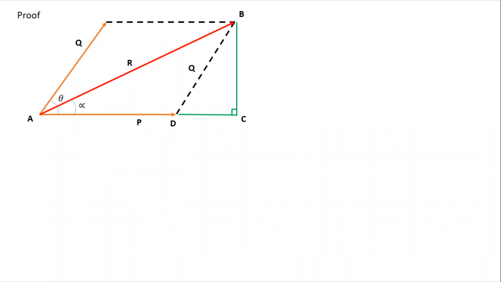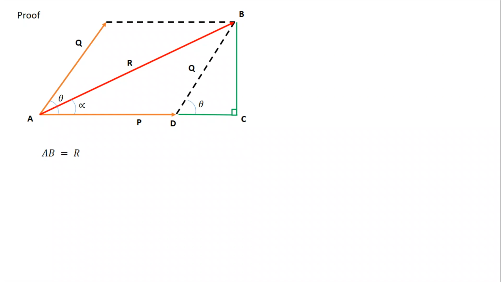Then the Q vector is equal and parallel to this BD. Also the P vector is parallel to this horizontal line. Then the angle included between BD and CD is theta.